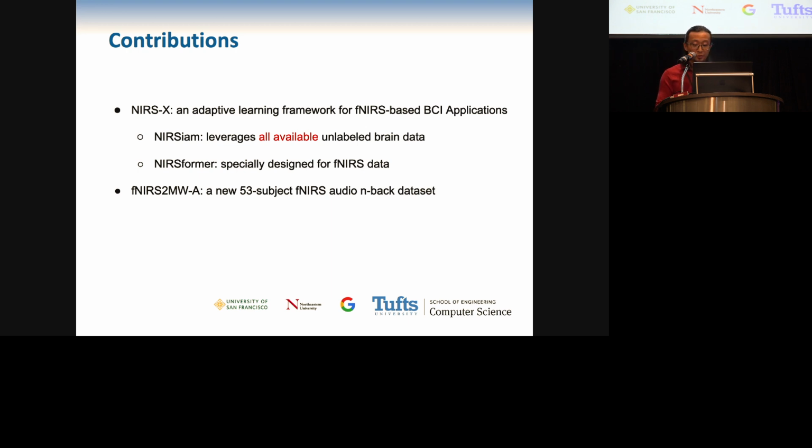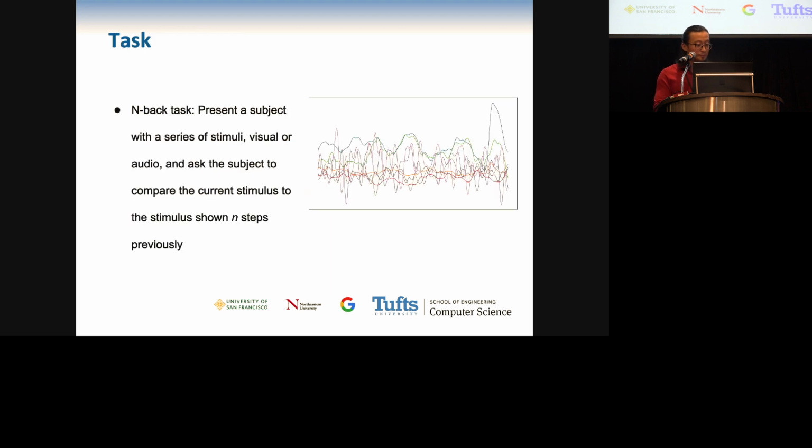It's an algorithm that pre-trains a general brain activity encoder on unlabeled data. Second is the NIRS-Former. It is a neural network architecture we designed specially for NIRS data. In addition, we released a new data set with 53 subjects.